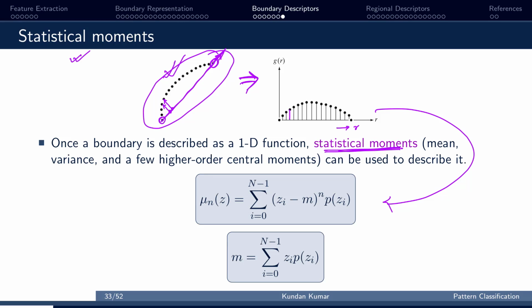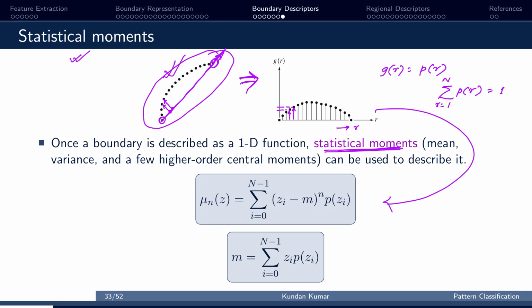Here we will compute those values and normalize them, so that g of r, or we can say the probability density function, is such that the summation of p of r for r equal to 1 to n is 1.